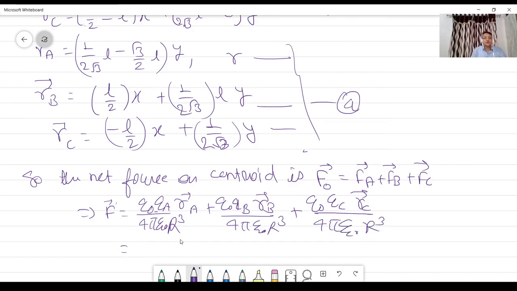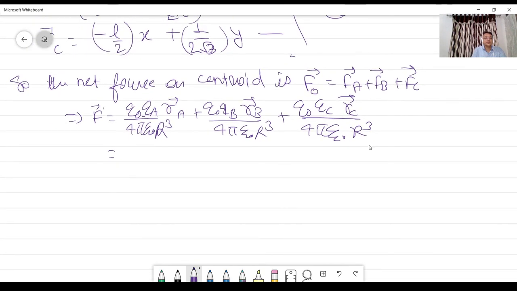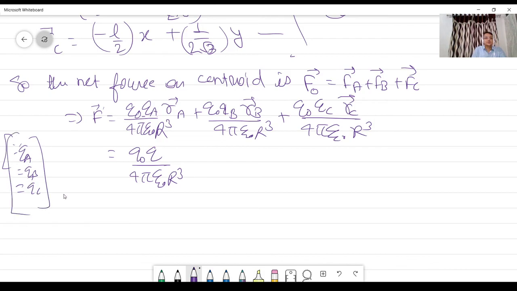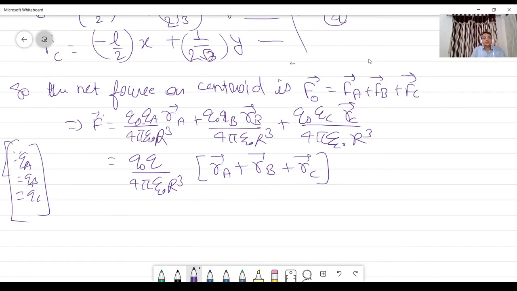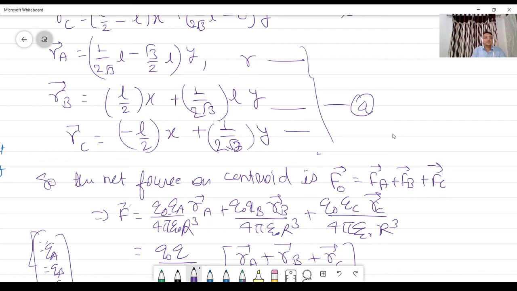You know that QA equals QB equals QC, as I explained earlier. So since these are equal, I can take this entire part common, and similarly here is vector RA plus vector RB plus vector RC. Now if you look at equation A and add these vectors, you can easily say that when you add RA plus RB plus RC, the components cancel each other.